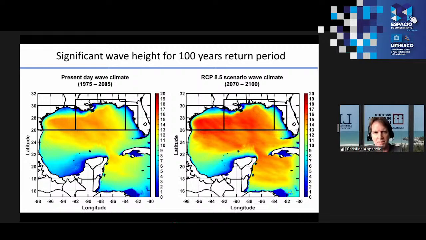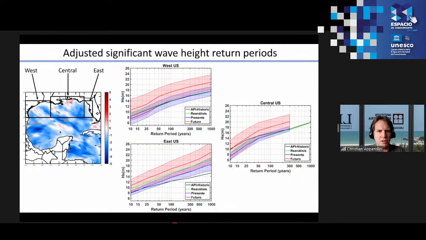of structures. So I'm going to show you a comparison with the recommendations of the API. The API provides the design values for the 3 different areas shown on the left. And on the right, there are 3 plots showing the API and the historic results in the solid black line, together with the results from the synthetic events.